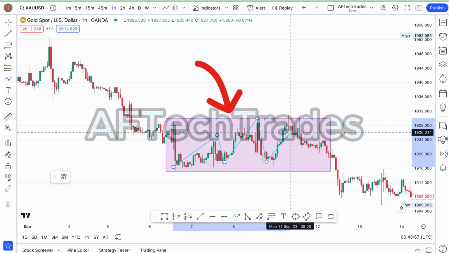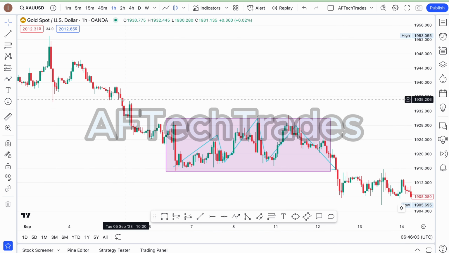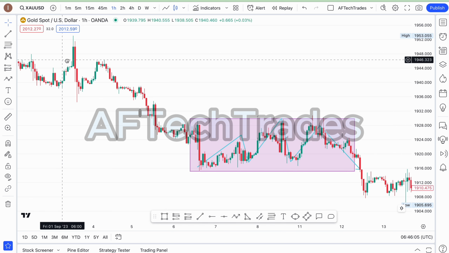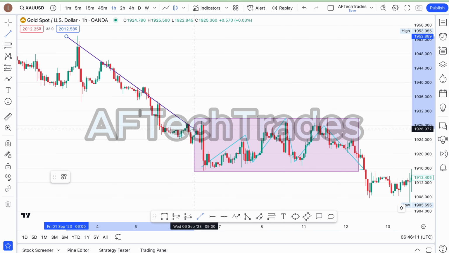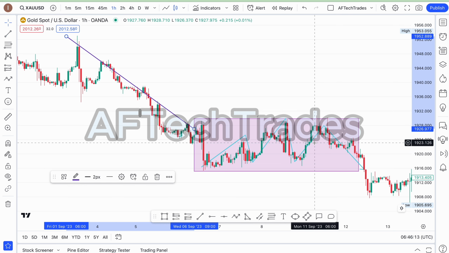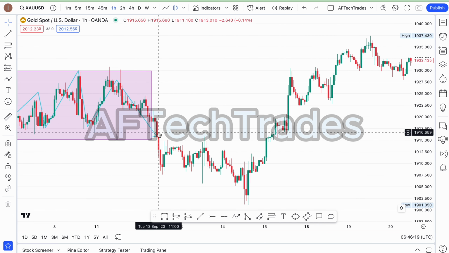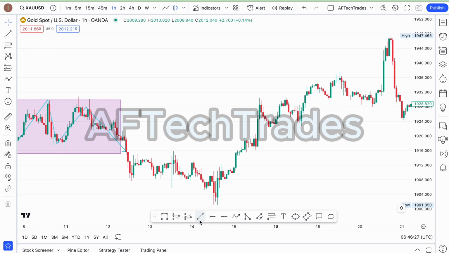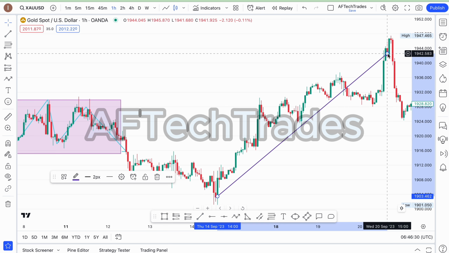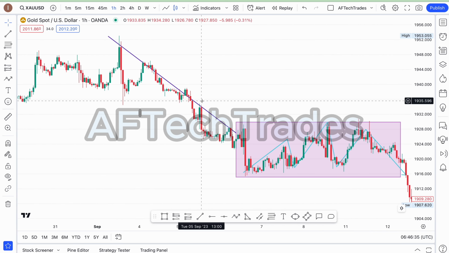If you look very well, the market was in a downtrend here, then it consolidated around this area, then it went up. It went a bit down, consolidated again, and went up. You see, it broke up. So this is it about consolidation.